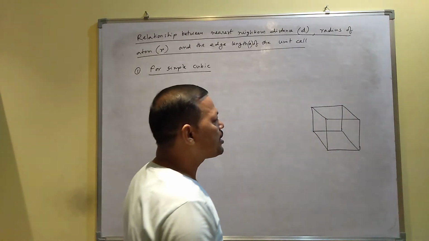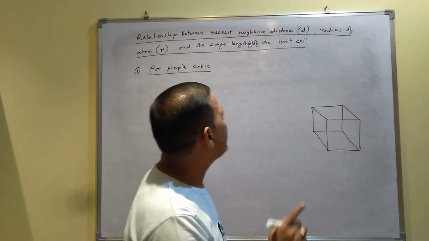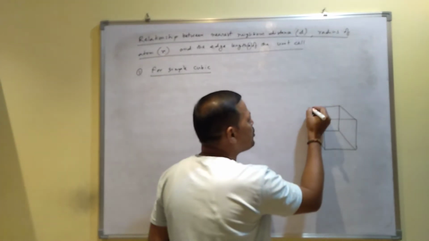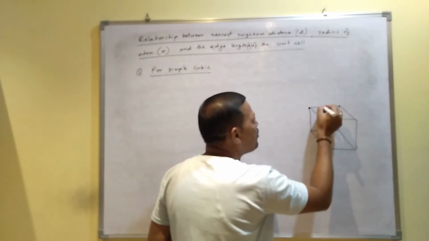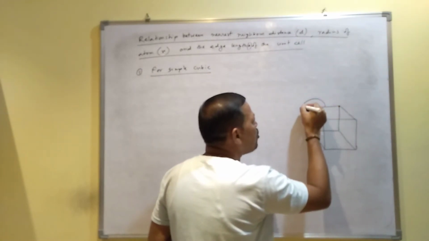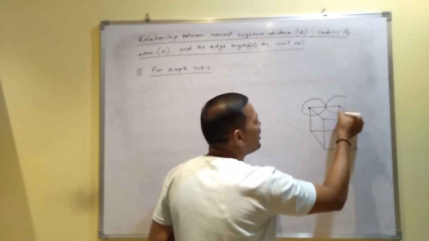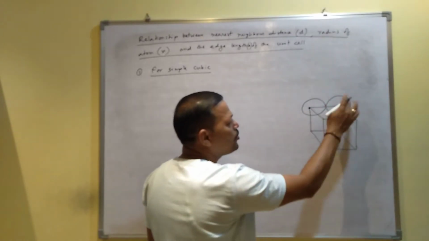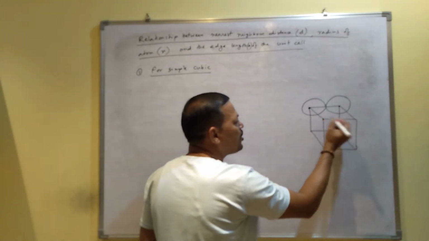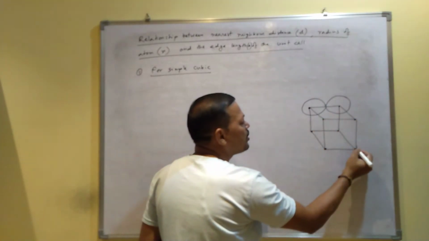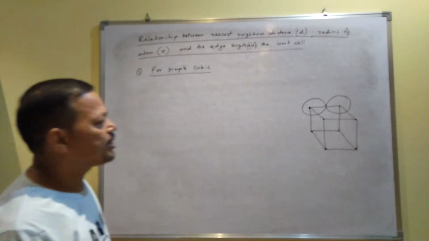Suppose this is one corner, this is another corner, the particles are present like this. I have shown only 2 corner particles. Similarly, every corner contains one particle. Then it is called simple cubic unit cell.